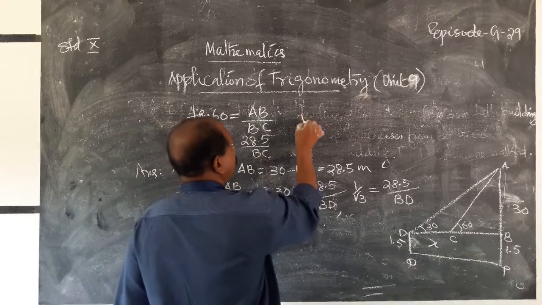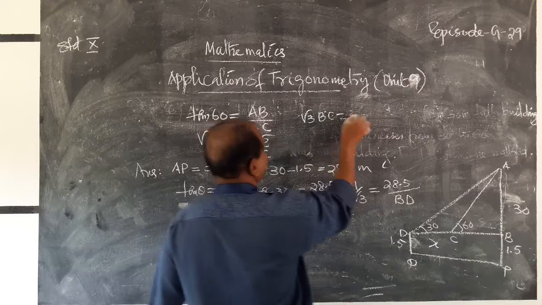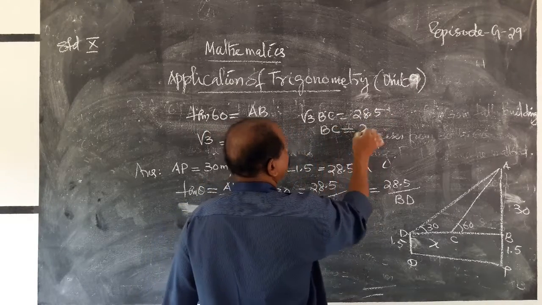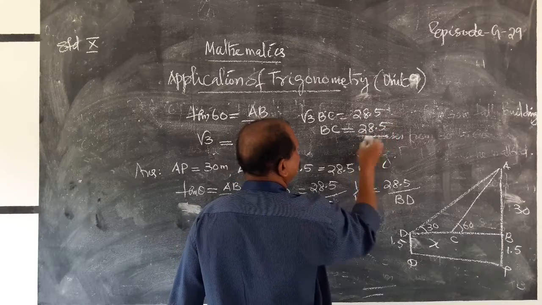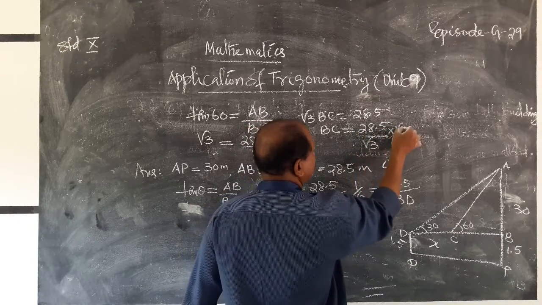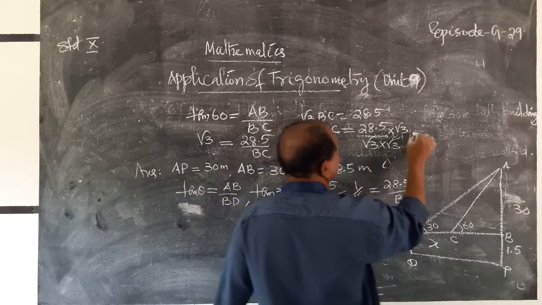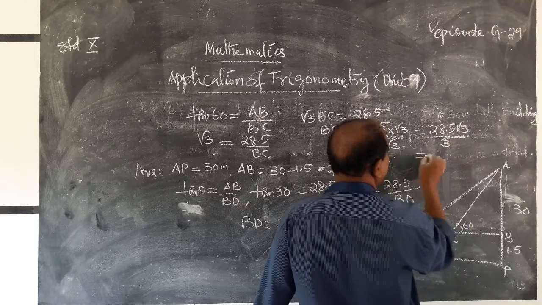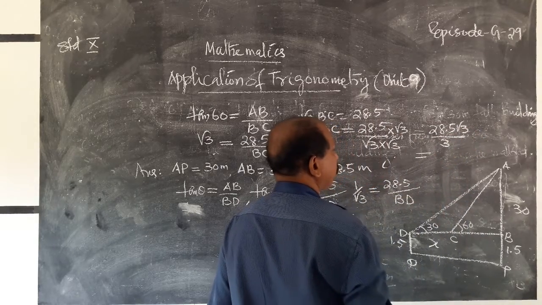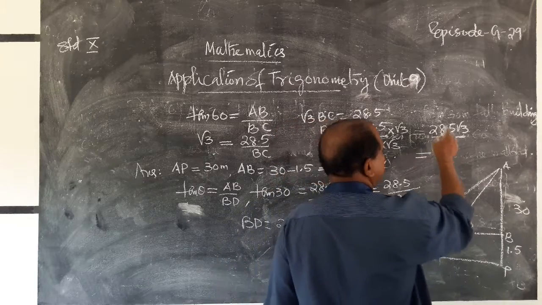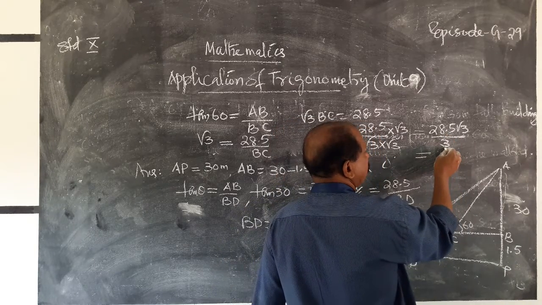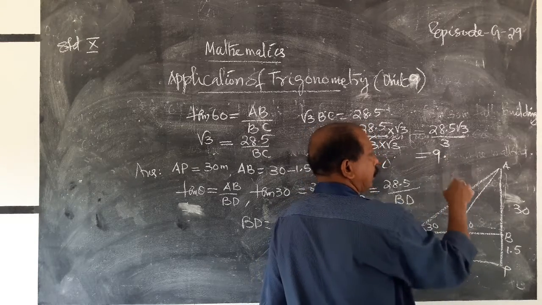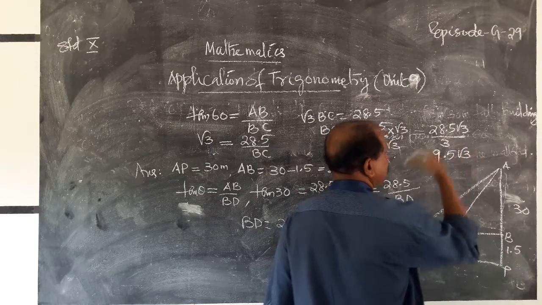Cross multiplication, root 3 BC is equal to 28.5. Therefore, BC is equal to 28.5 by root 3 multiplied by root 3, is equal to 28.5 root 3 by 3. 3 9s are 27, then 15 by 3 is 5. That is 9.5 root 3.